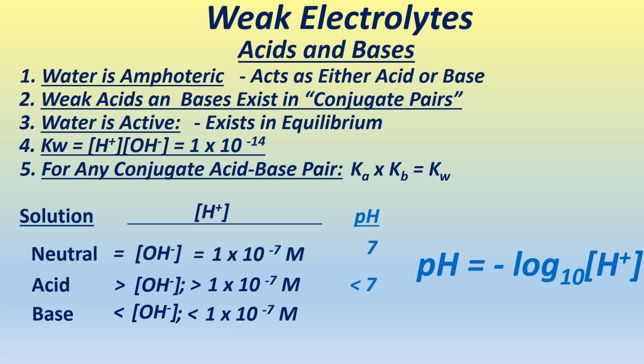So a neutral solution is going to have a pH of 7. An acid with a concentration closer to 0 is going to have a pH of less than 7. And a base is going to have a pH of greater than 7. And as mentioned, anytime you see the letter p, p of x simply means the negative base 10 log of x.